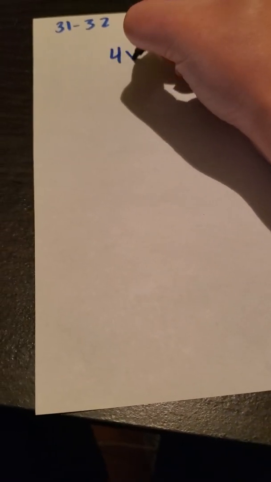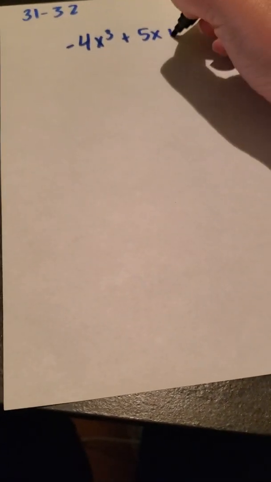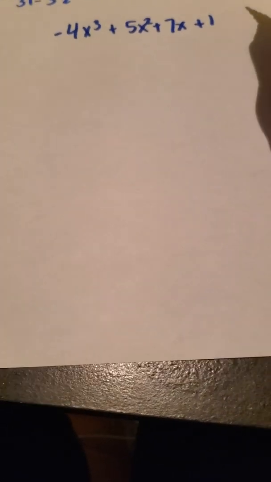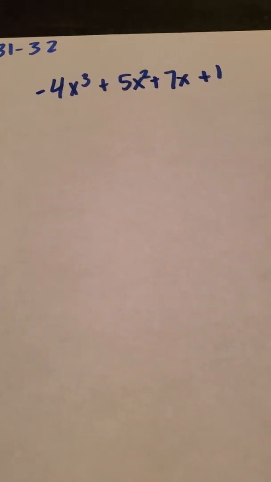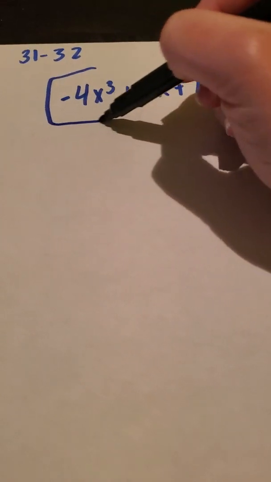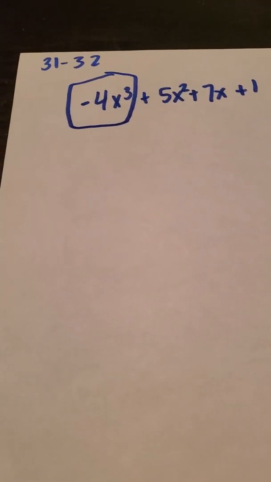So in this polynomial here, I just made up some random polynomial, negative 4x cubed plus 5x squared plus 7x plus 1. The only thing that I need to look at is that first term, that leading term.